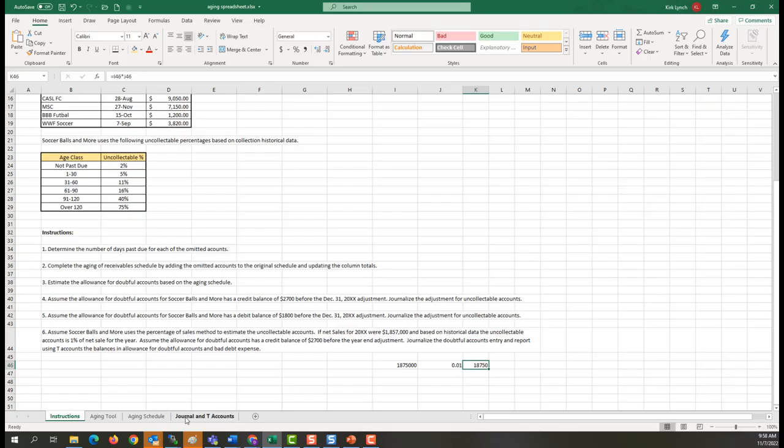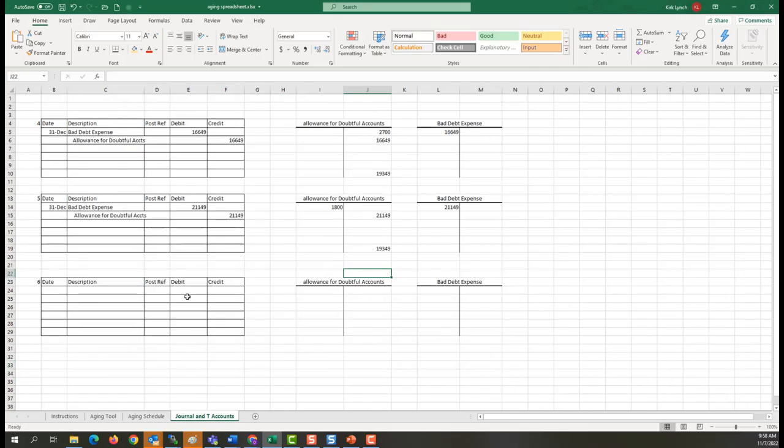So over here in our T accounts, we're going to do $18,750 and $18,750. We'll fill in the account names, bad debt expense and allowance for doubtful accounts, still on December 31st.